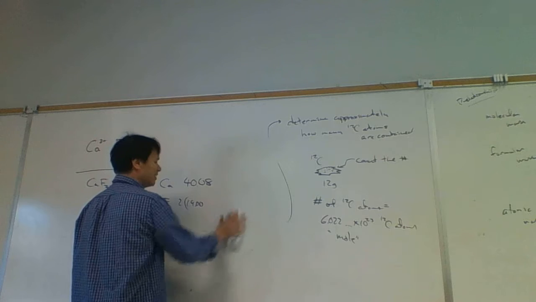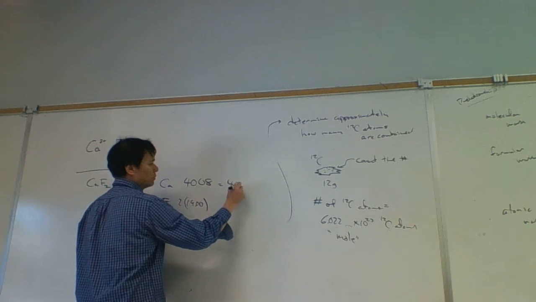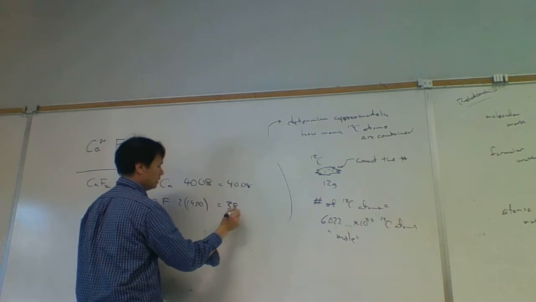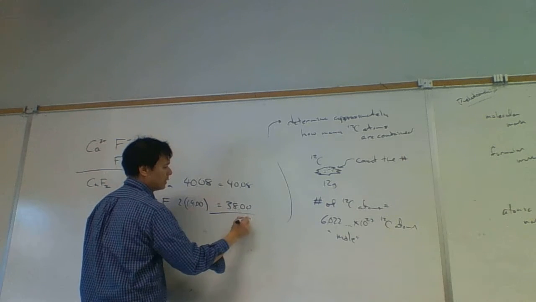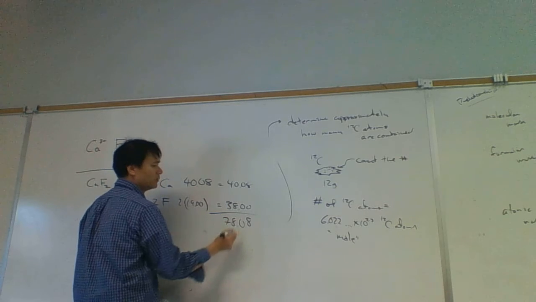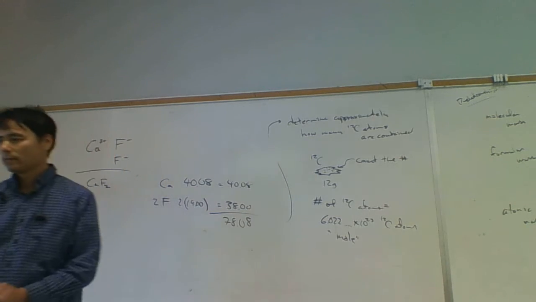So I'm not going to even write the units here. We're just going to go, okay, this is 40.08 plus 19 times 2 is 38.00. That gives me 78.08.